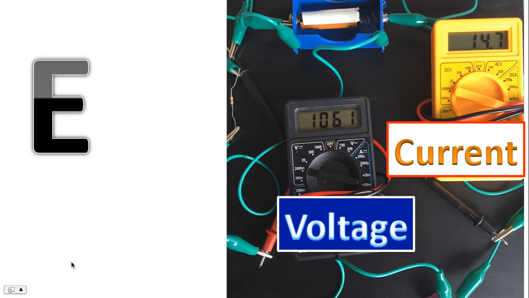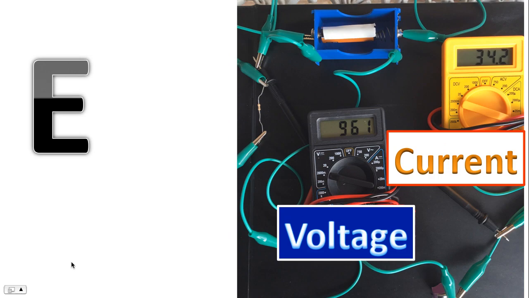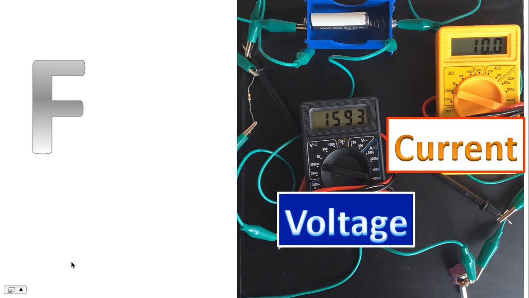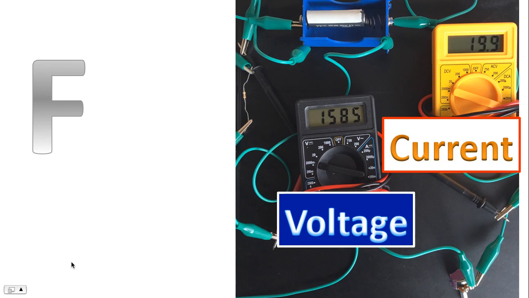It's increasing because I'm reducing the resistance for the variable resistor. Here is the data for battery F. Notice the current is increasing, because I'm reducing the resistance for the variable resistor.